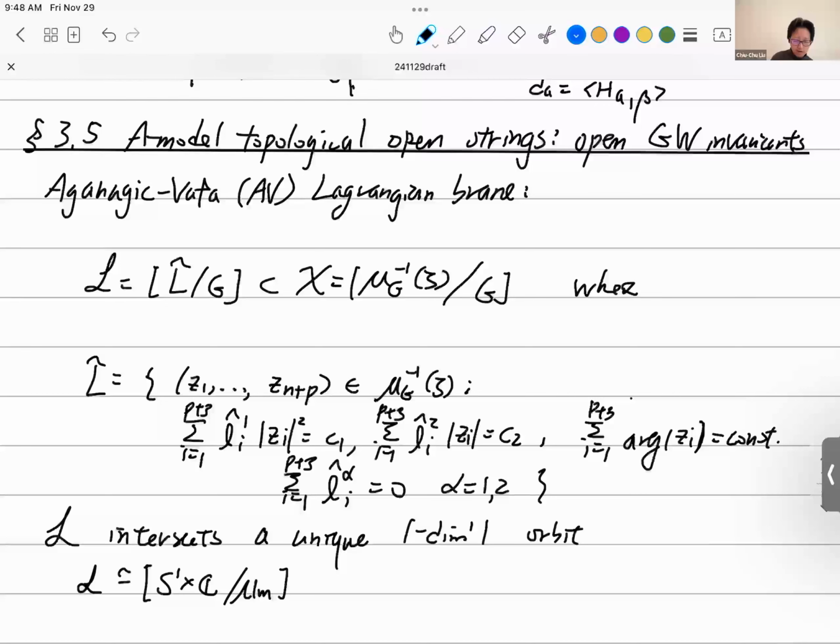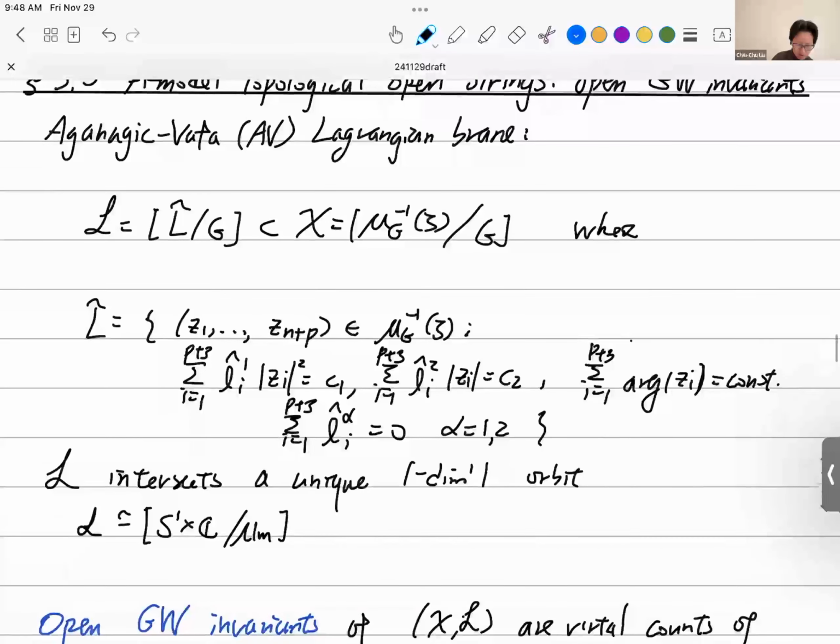So we write our toric Calabi-Yau 3 orbifold as a symplectic quotient. And then we want to write this Lagrangian. We actually first specify some L tilde before the quotient, and it's actually quite easy.